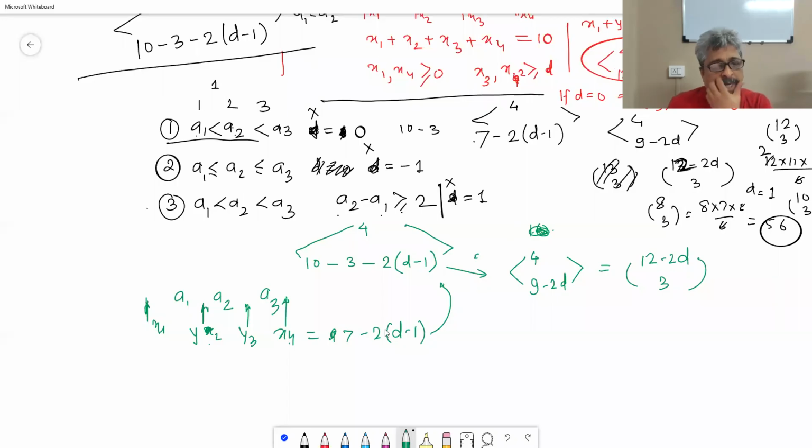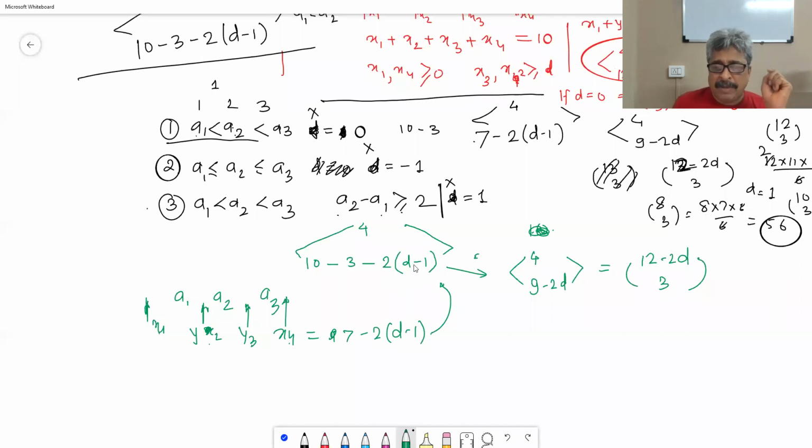I am solving all three questions simultaneously. Now let me explain. Number of chairs to be inserted is 1 less than the d value which is given. Total number of chairs available is 10, out of which 3 are occupied by those numbers, and there are 2 gaps between those 3 numbers, and d minus 1 chairs are to be inserted.